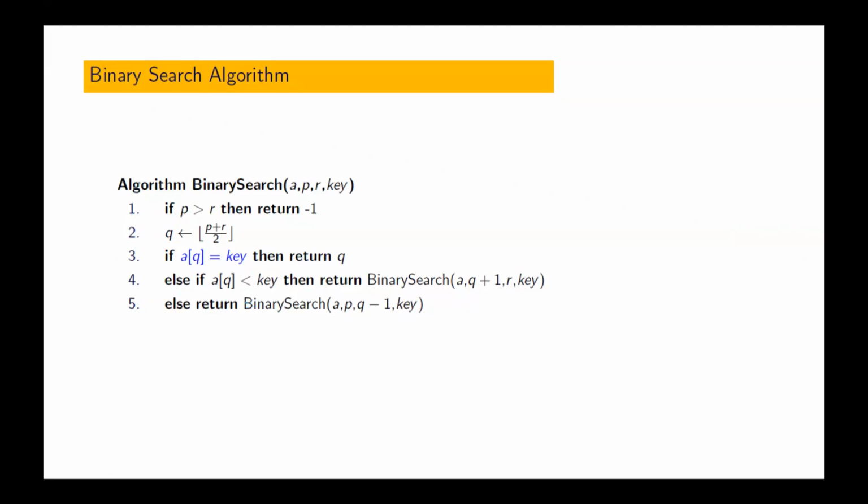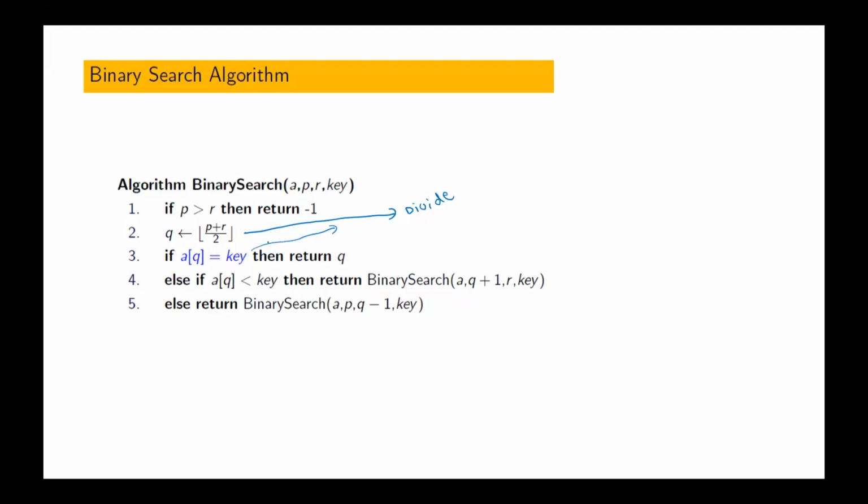No, first, calculate the mid. Step 2 is the divide step. This is actually the divide step. It divides the problem into sub-problems, or to be more specific, if you want, you can consider this comparison also.